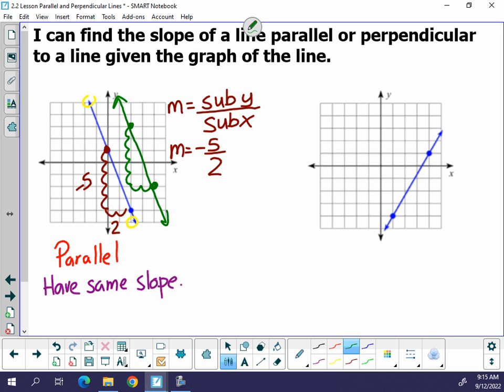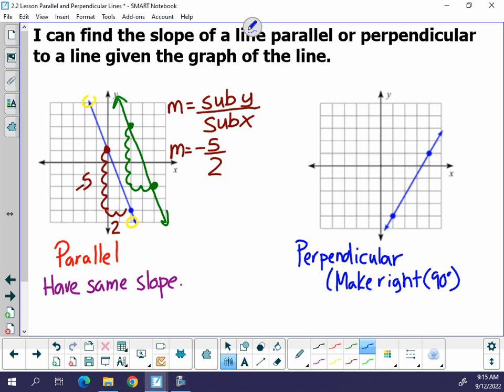Perpendicular lines will cross. Perpendicular lines make right angles, 90-degree angles. And their slopes have opposite signs.